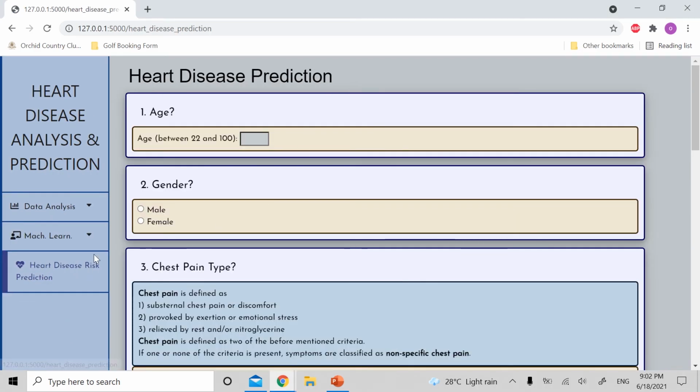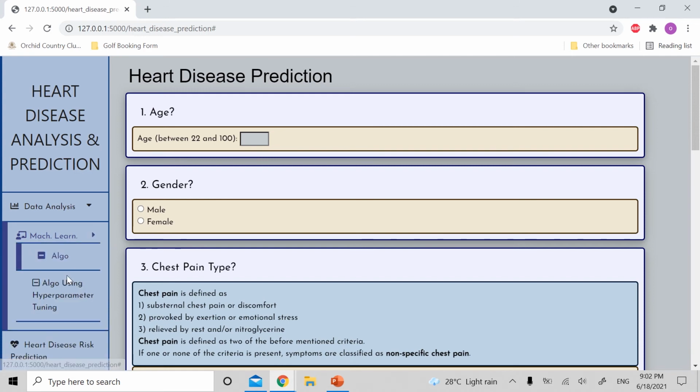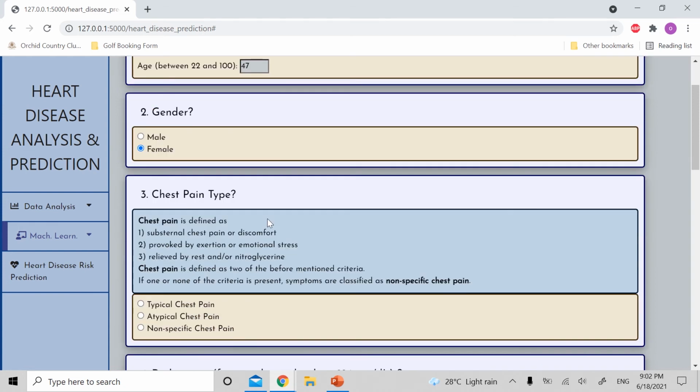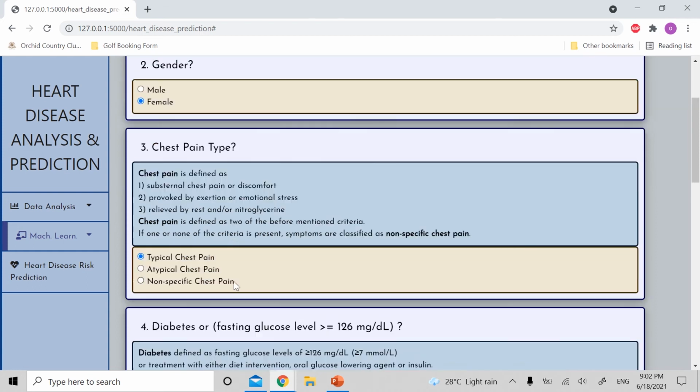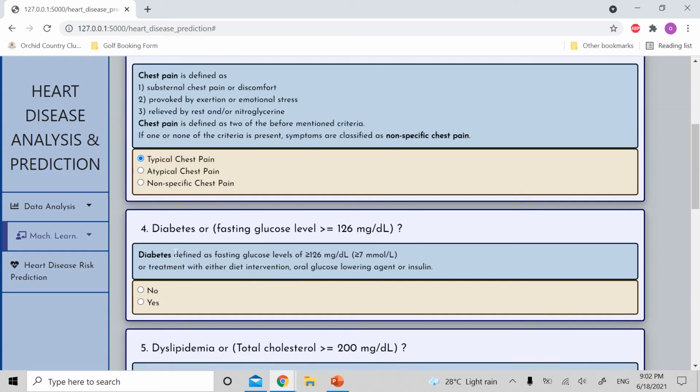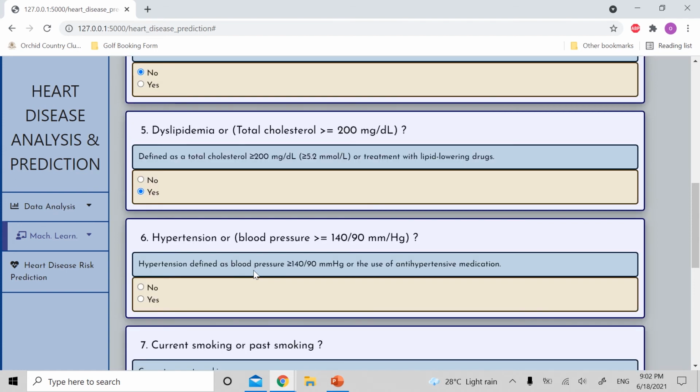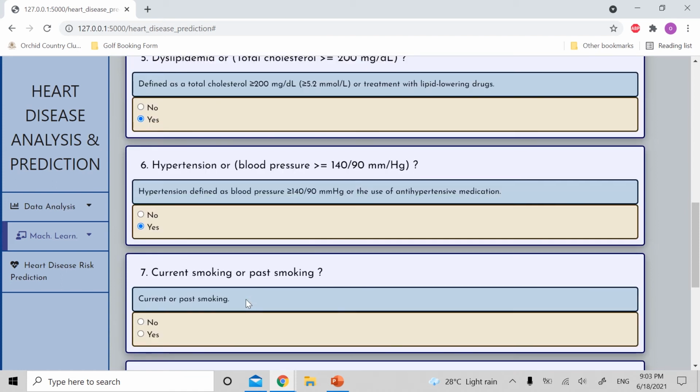So this is the heart disease prediction page. As you can see, users are required to enter the age, assuming the user is about 47, female, and the chest pain type is maybe typical, diabetes maybe no, cholesterol level maybe yes, blood pressure maybe yes, current smoking maybe yes.